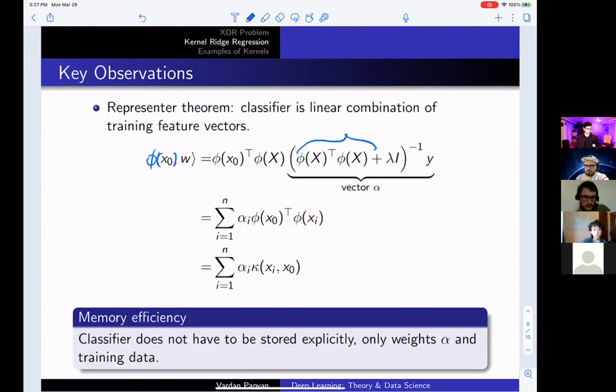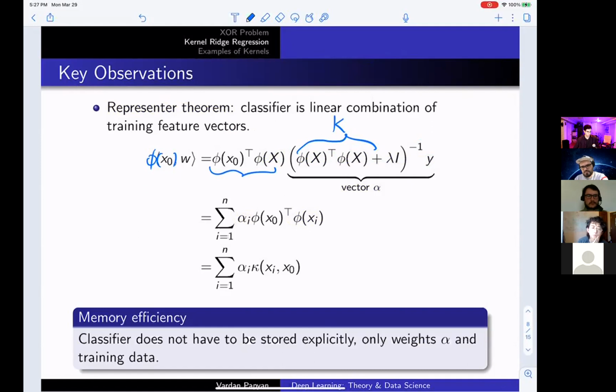So you should interpret this as some k, a gram matrix k. And y here was the labels, and phi x0 transpose phi x is the inner product between your test and trained data. So basically you just use this equation, and in this equation you use k, which is the inner product of features, and you use an inner product between your test and trained data.